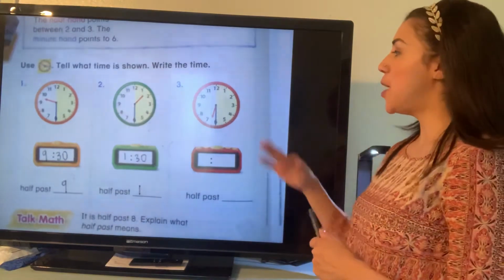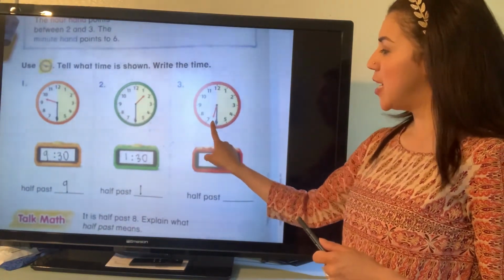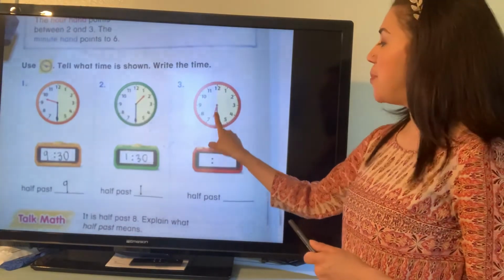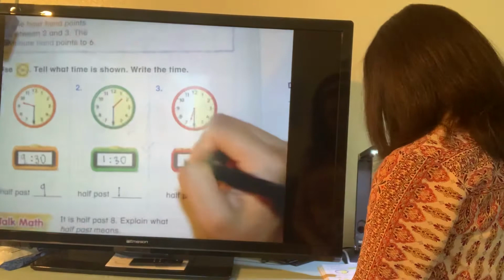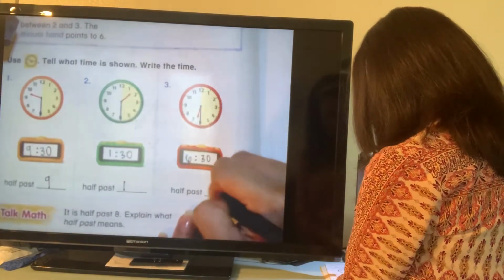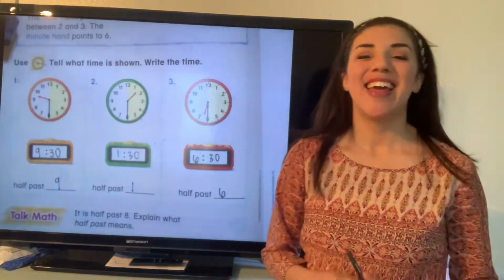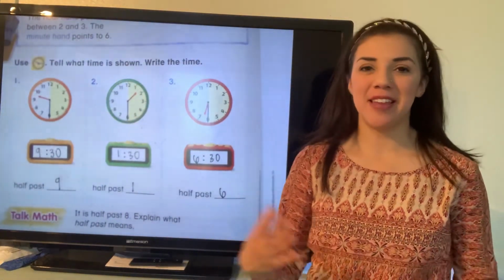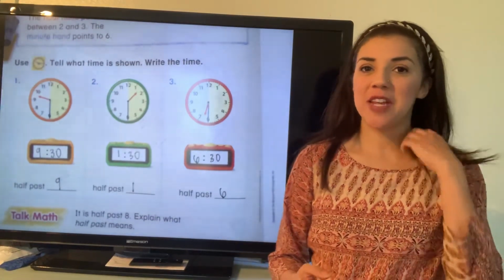Okay, and then for number 3, we see that the hour hand is in between the 6 and the 7, so it is 6, and the minute hand is on the 6, so it's 30. So this time would be 6:30, so it is 6:30.